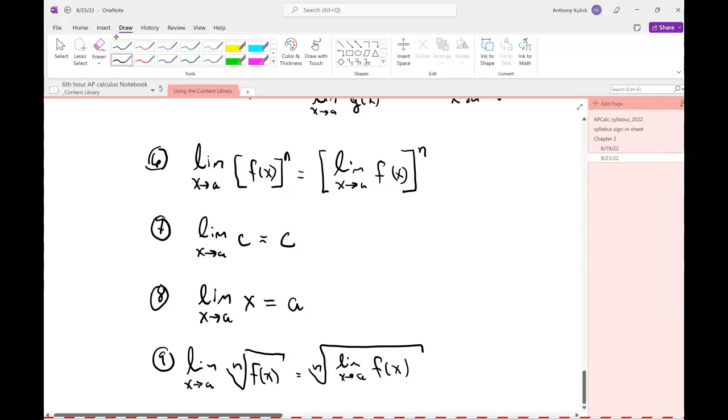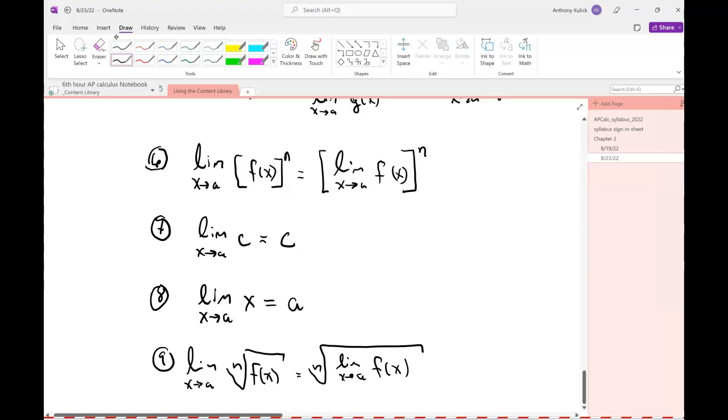No, because it just means 1 over, it's just the exponent 1 over whatever. So it's still okay. So like if n was negative 3.7, it just means it's to the power negative 1 over 3.7.